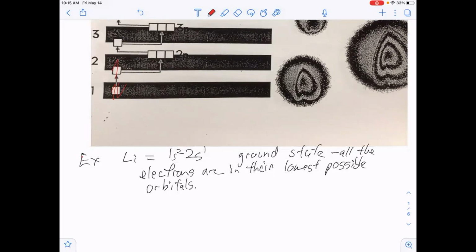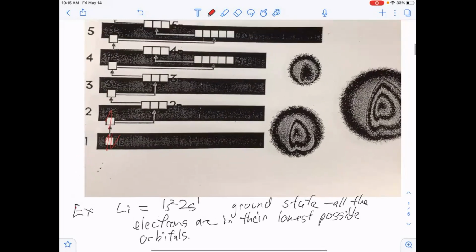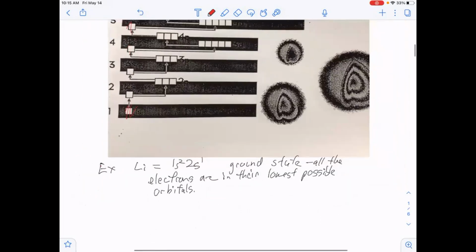Now, as you know, I can excite electrons. I can make the electrons jump to a higher level. I have to put energy in, but I can make the electron jump to a higher level. That's called excited state.